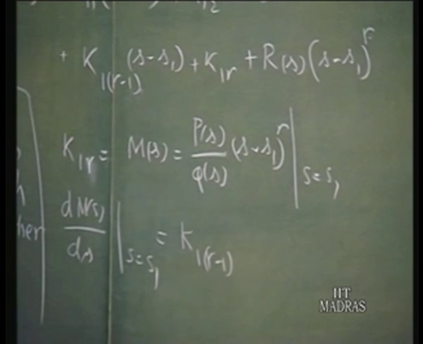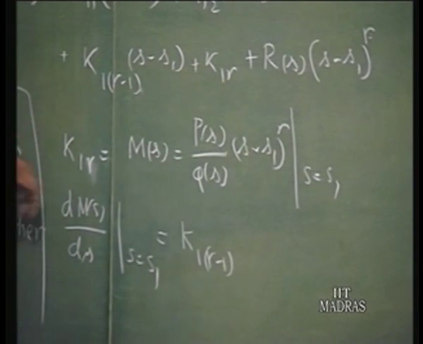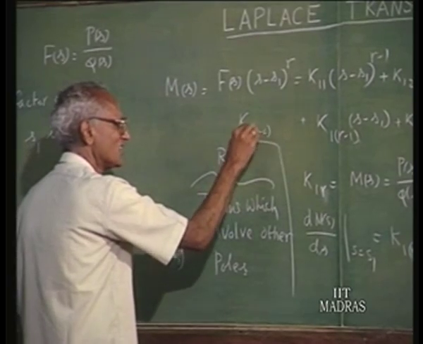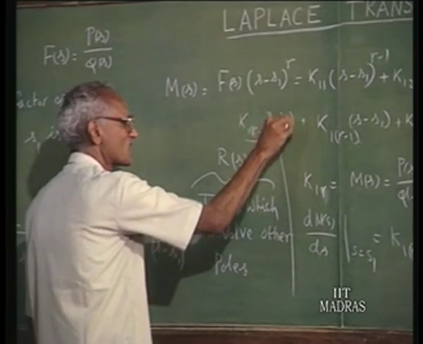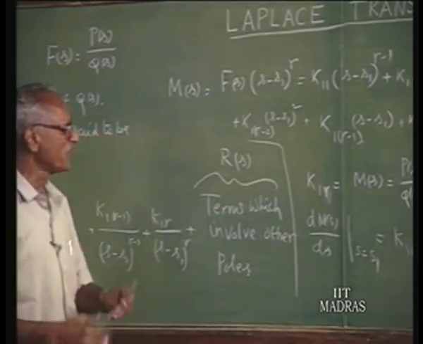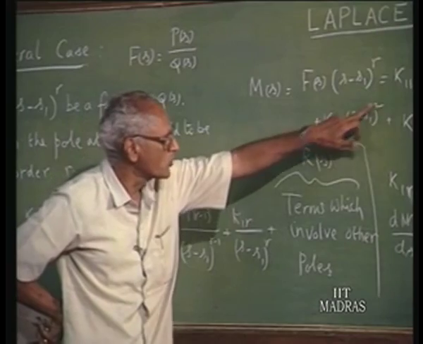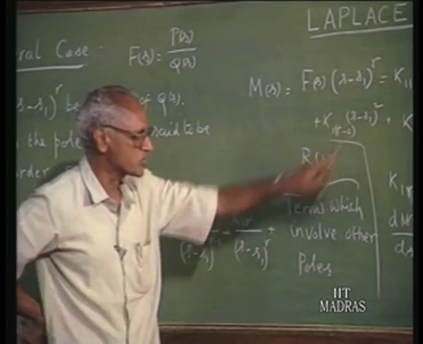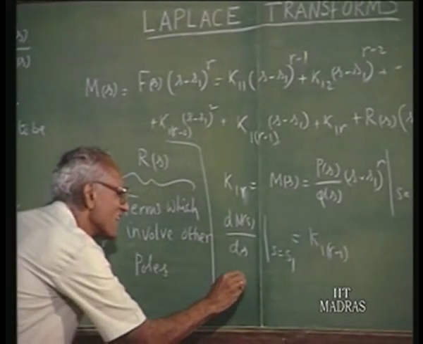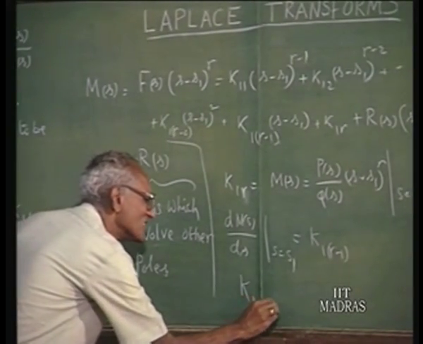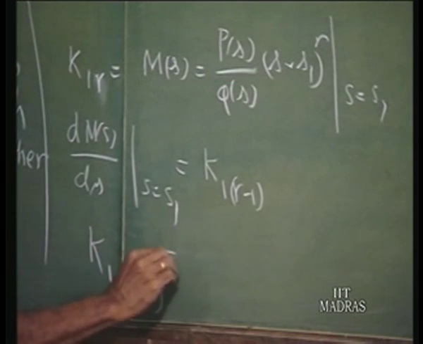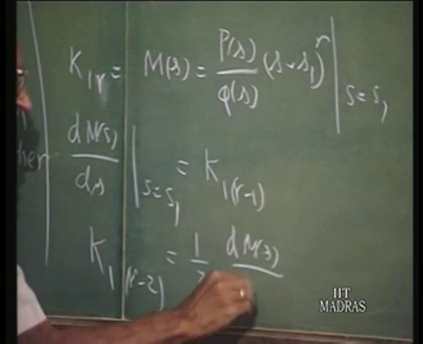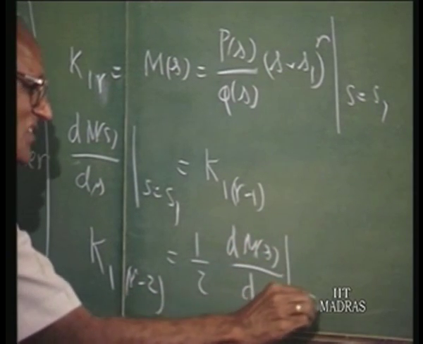Now suppose you take the second derivative, then the previous term will come. The previous term here, you recall, will be k1(r minus 2) times (s minus s1) whole square. So when you take the first derivative, you get 2 times (s minus s1). When you take the second derivative, it will be 2 times k1(r minus 2). Therefore k1(r minus 2) will be 1 upon 2 factorial times d squared M(s) over ds squared, substituting s equal to s1.